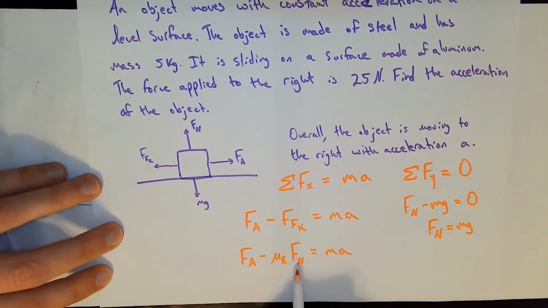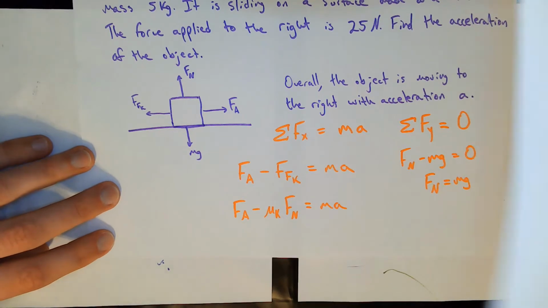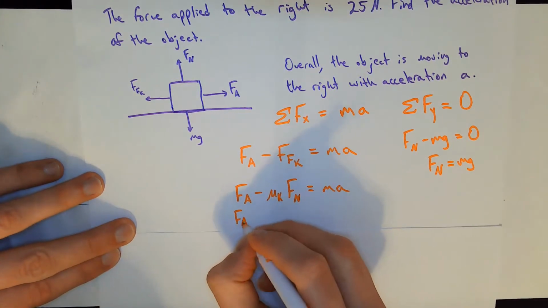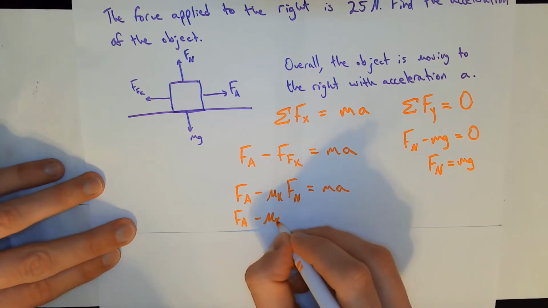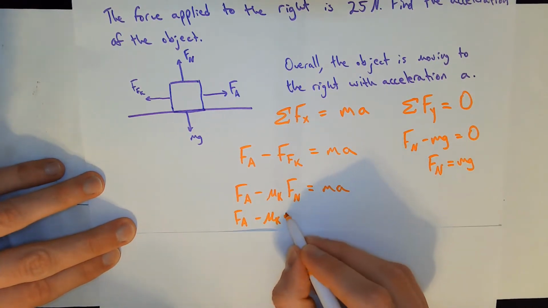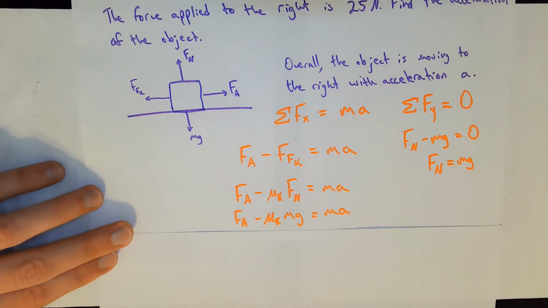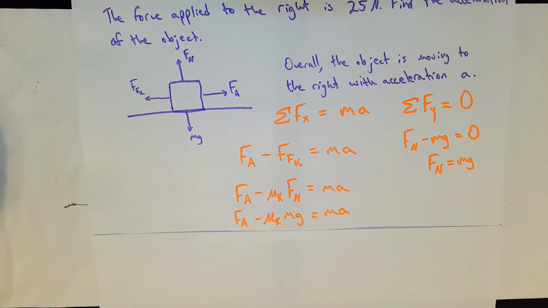So I can go ahead and say that my applied force minus mu sub k times my normal force, which is mg, equals ma. There we go, plugging in mg for normal force.